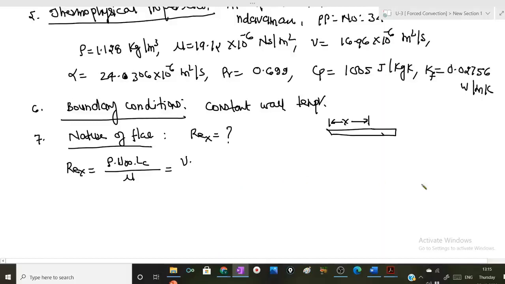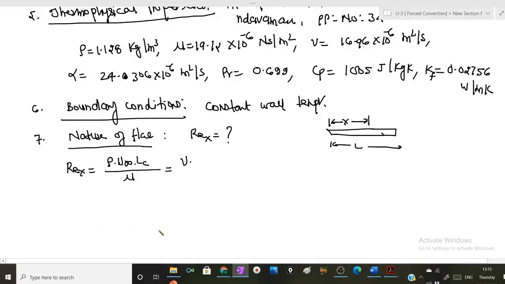So if a fluid is flowing over this flat plate of length L and we are supposed to find out the nature of flow up to the local distance x, that can be decided with the help of local Reynolds number.